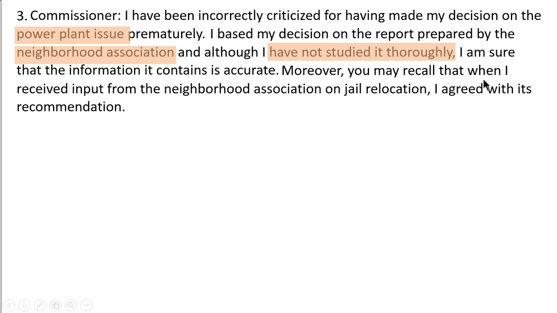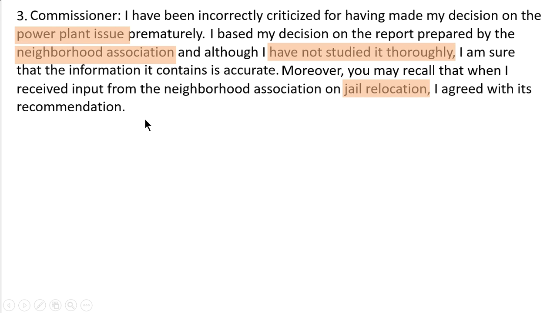Moreover, he recalls that when he received input from the neighborhood association on jail relocation, he agreed with its recommendation. So he took a similar decision in the past, and he can agree with the current recommendation on the power plant issue.